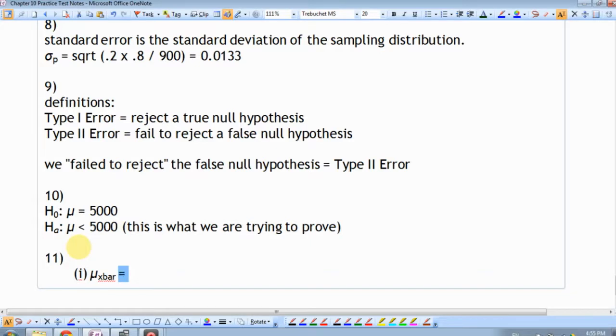Mu x bar is the average of the sampling distribution. It's exactly equal to mu, and that's from our null hypothesis. Our null hypothesis is 65.